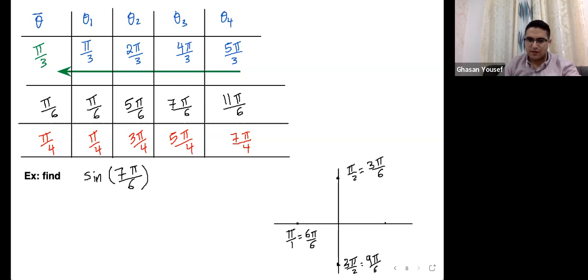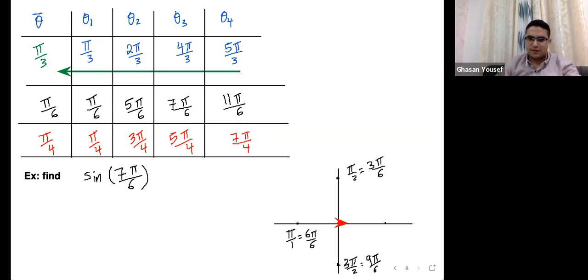So 9 pi over 6 is greater than 7 pi over 6. This means 7 pi over 6 is in the third quadrant, not in the fourth. So actually, the angle should be like this.